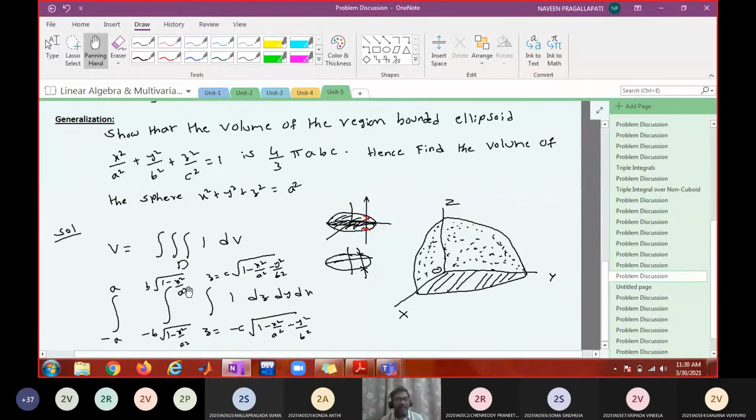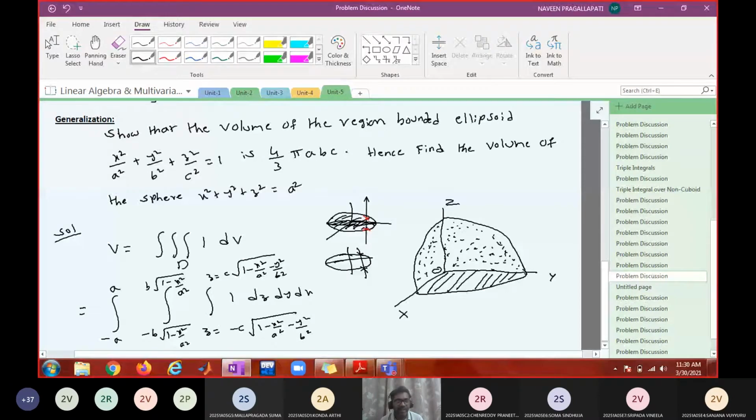But as I said earlier, whenever the integrand is constant, if you are trying to find the volume and the volume is symmetric about all the 8 octants, you can use the symmetry, find the volume in the first octant and multiply by 8. So that is what we are going to do now.